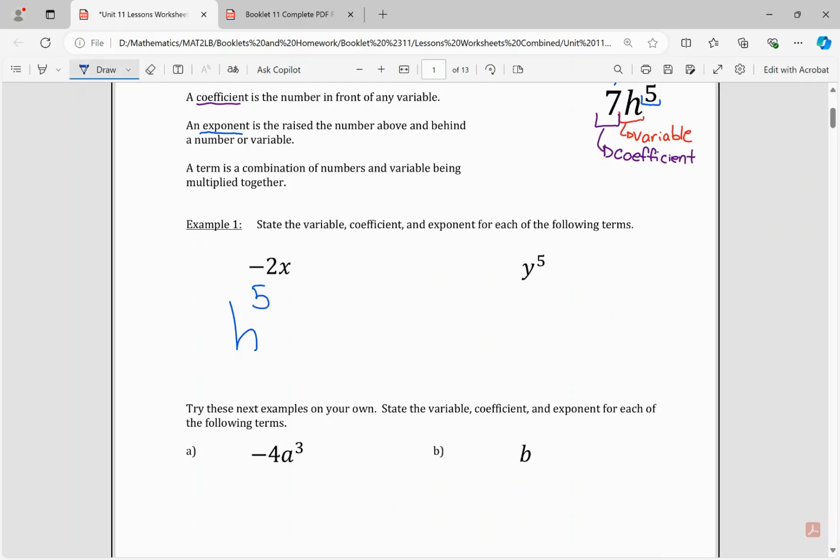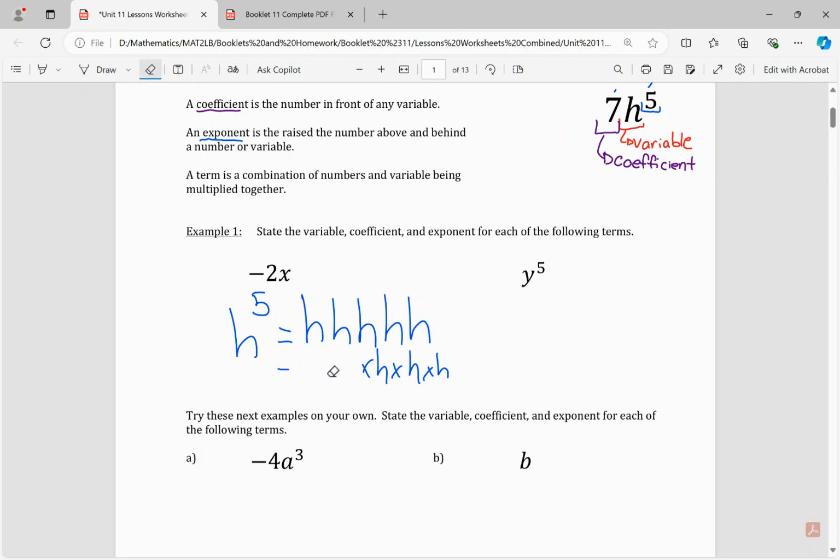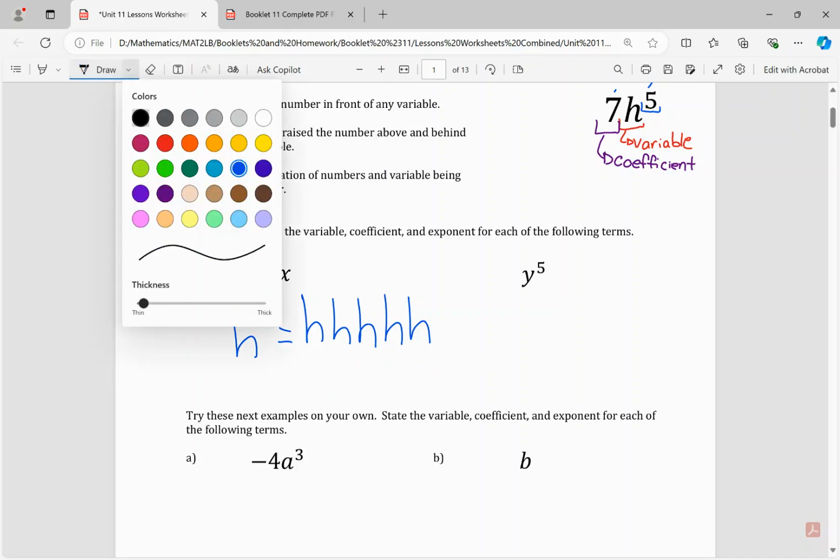So h, the variable, to the exponent of 5 is equal to h 5 times, which means that we're multiplying h by itself 5 times. But remember, we don't want to use that x anymore to represent multiplication. So if I want to show that h is being multiplied by itself 5 times, I just put it directly next to each other. Okay?